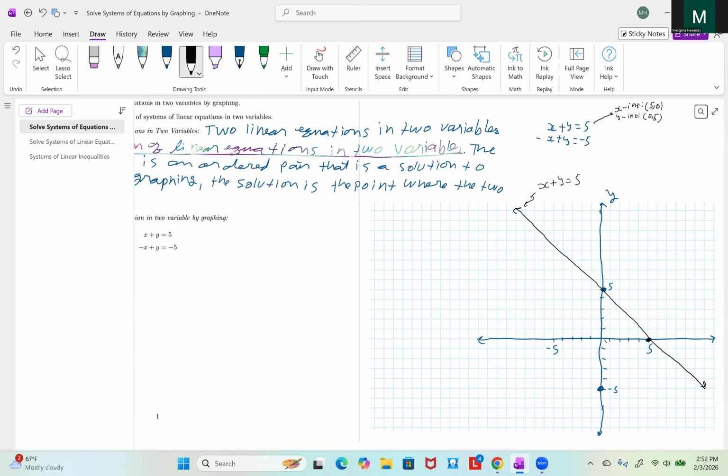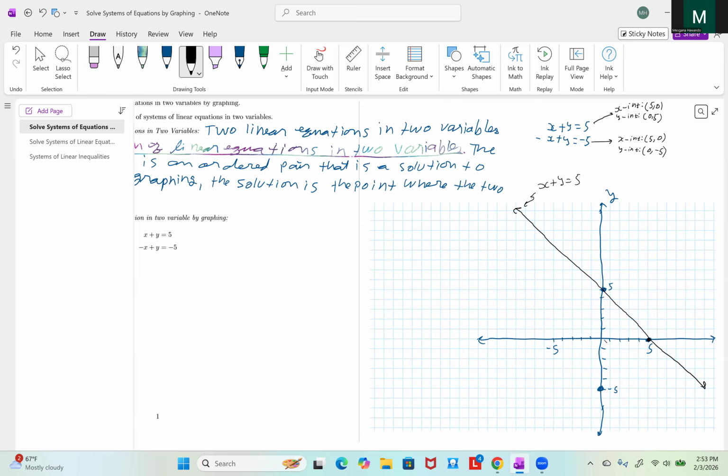To graph the second equation, we do the same thing. We use the x and y intercepts. So x-intercept, when y is 0, x is 5. The y-intercept, when x is 0, y is negative 5.